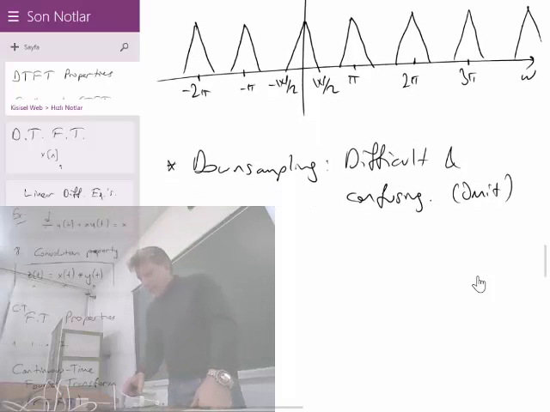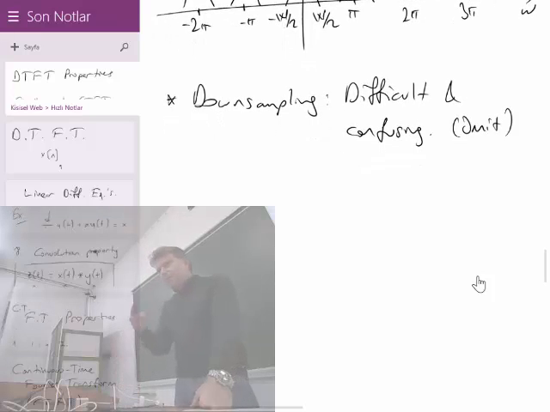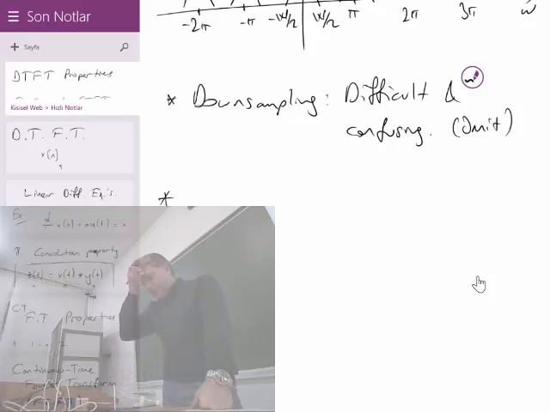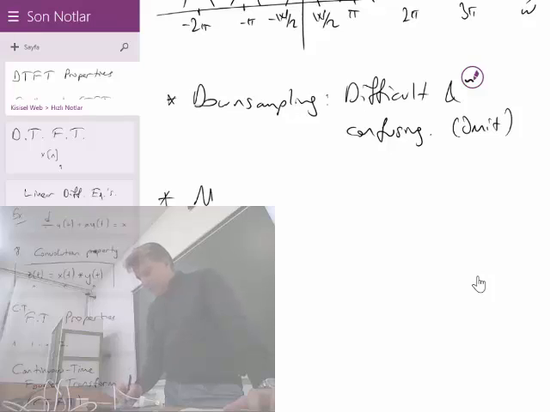Now we have a lot of other rather difficult to understand concepts in the properties. For example, one other property that we may think of is a multiplication in time.